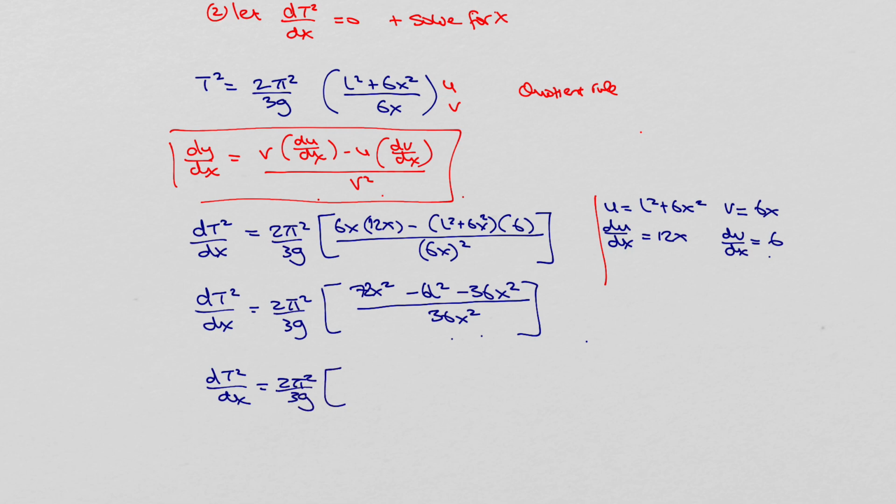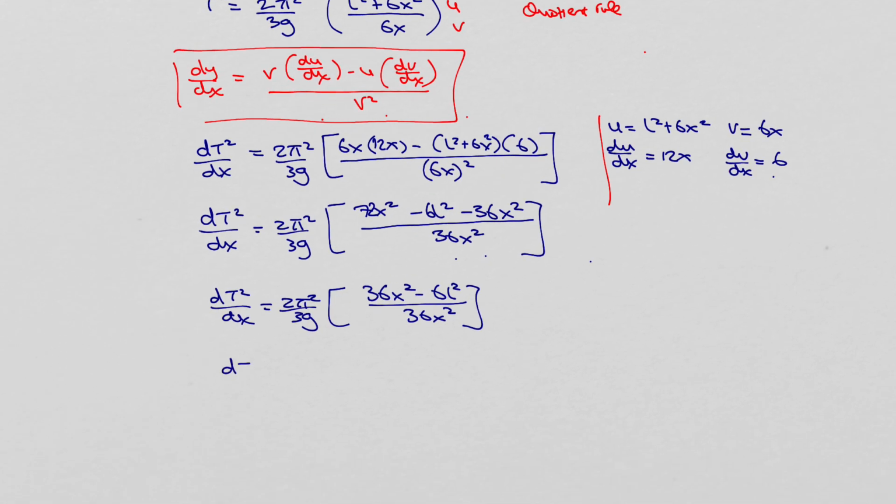So 72x squared minus 36x squared is 36x squared minus 6L squared all over 36x squared. And I can divide the top and the bottom there by 6, which gives me 6x squared minus L squared over 6x squared.